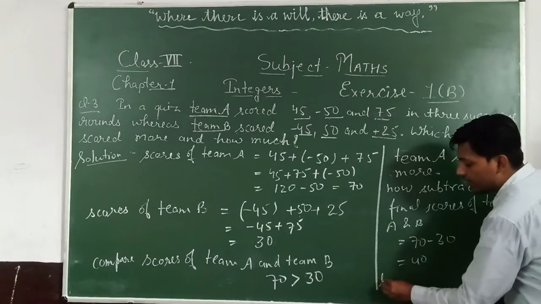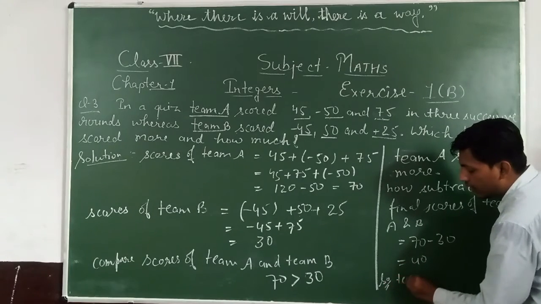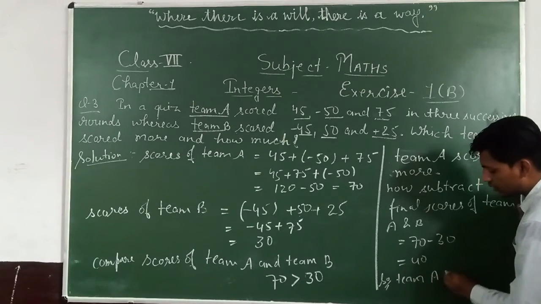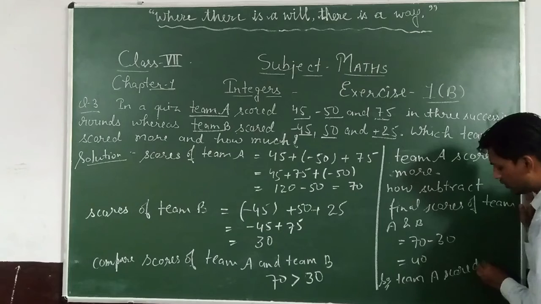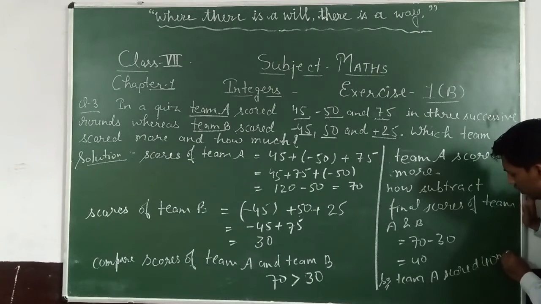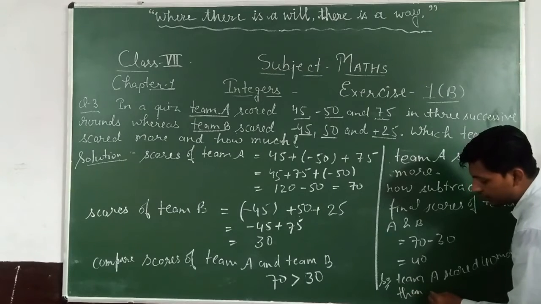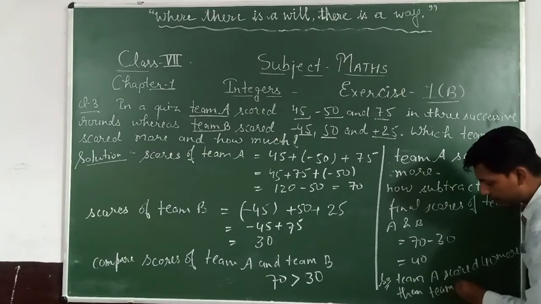So the final answer is team A scored 40 more than team B.